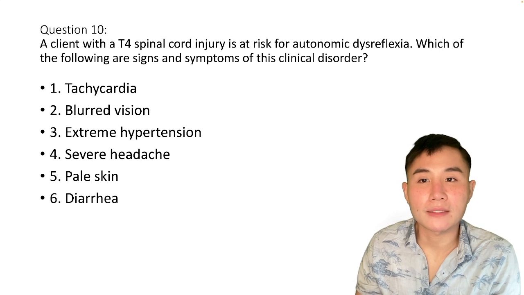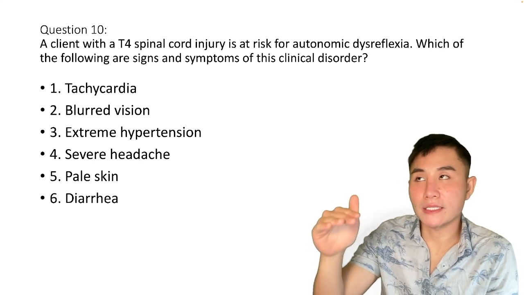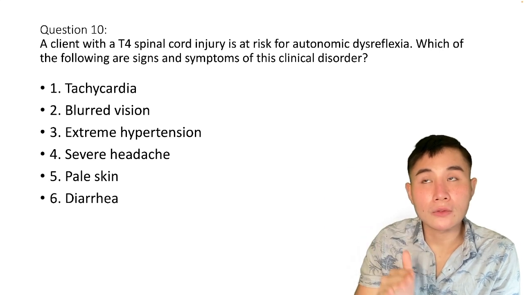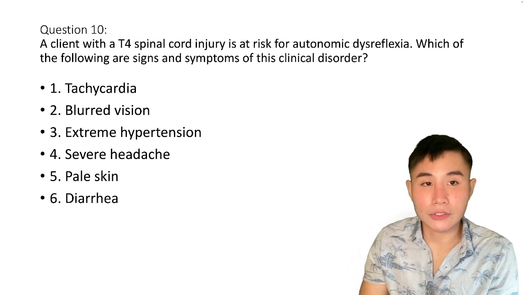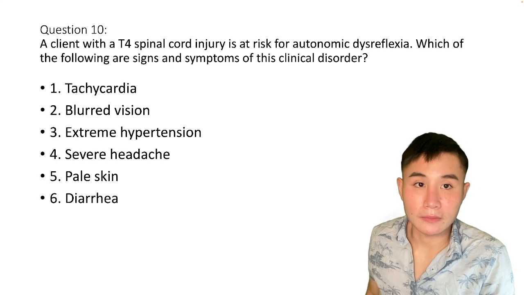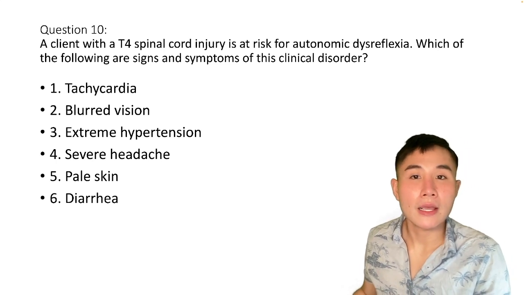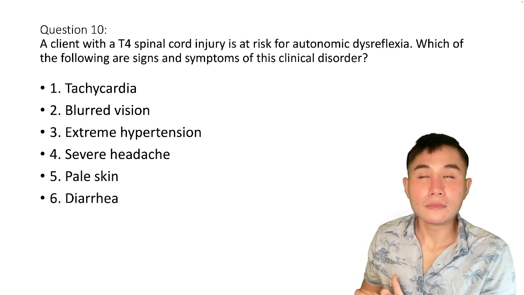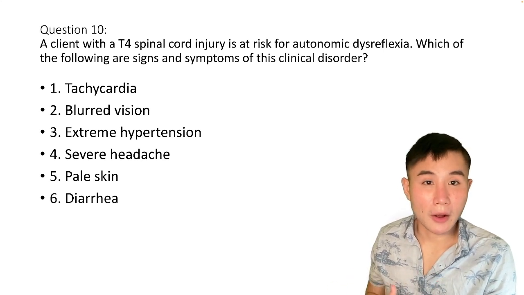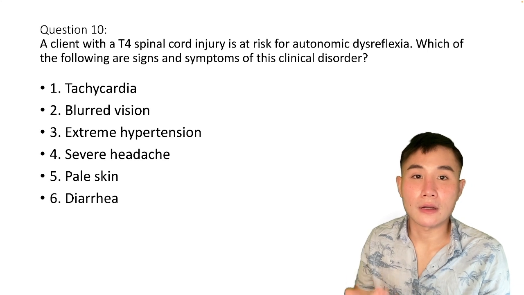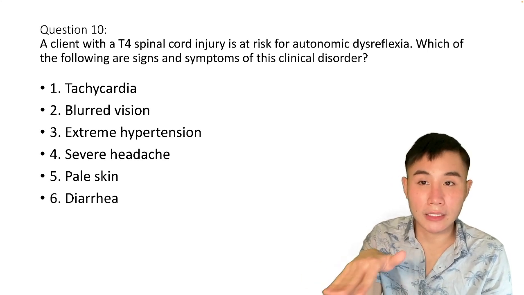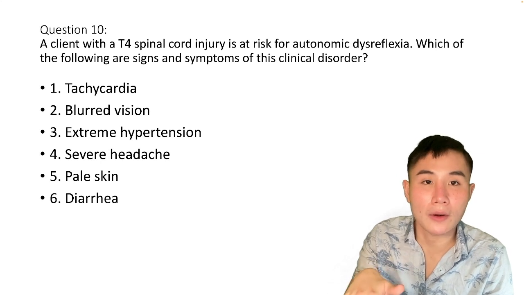It is because when the patient has a T6 injury and above, anything below the T6 injury, for example, the extended bladder, causes a sympathetic nervous system response. However, the communication is broken down at the T6 injury level of the spinal cord.